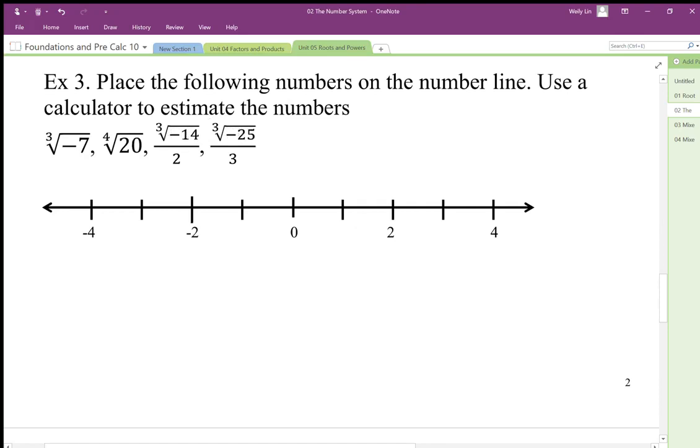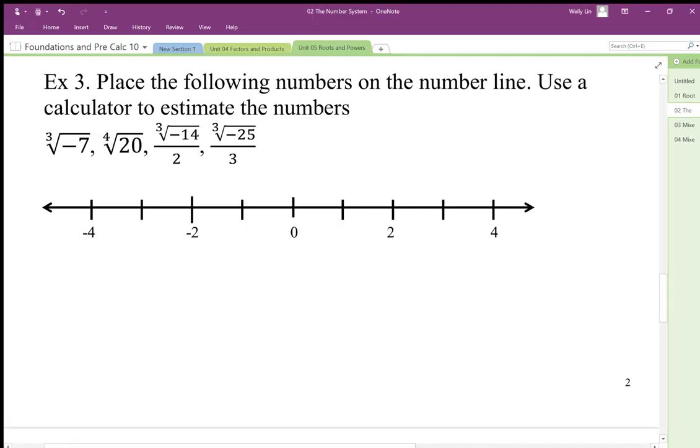So none of these can be resolved without a calculator because we can't work them out. We can leave them in the square root form or the cube root form, but we can't actually work them out very easily. So using a calculator, we're going to work these out.